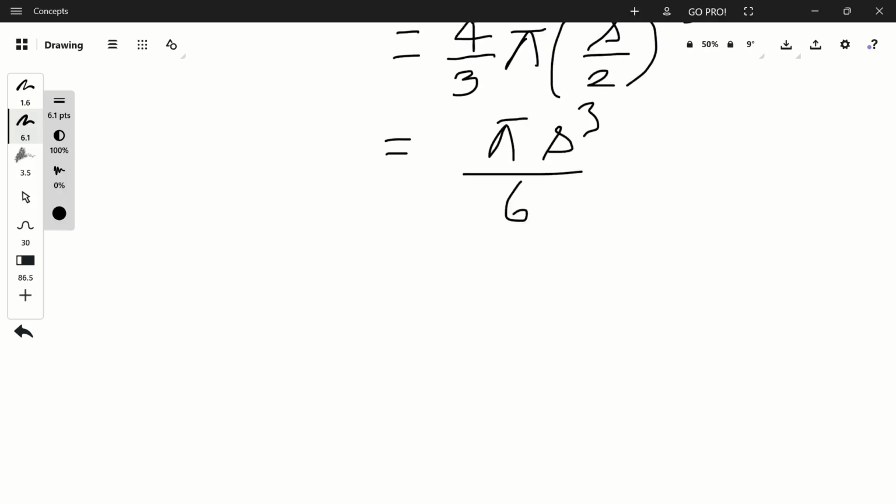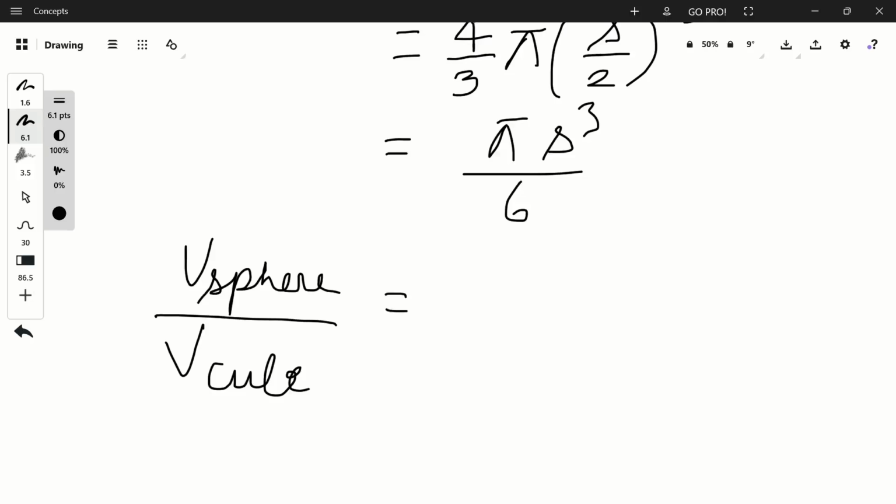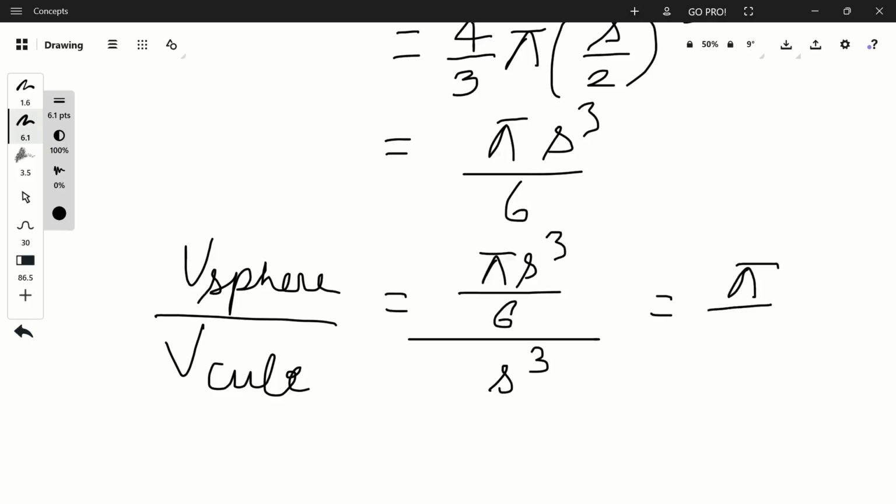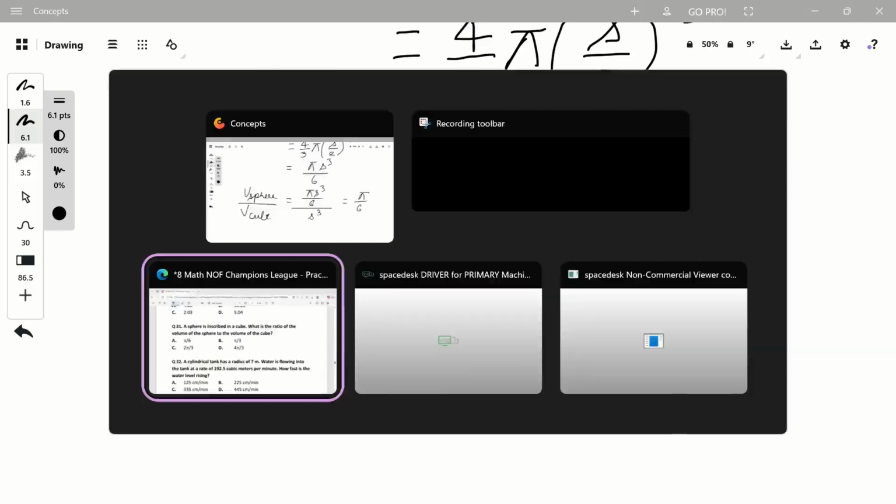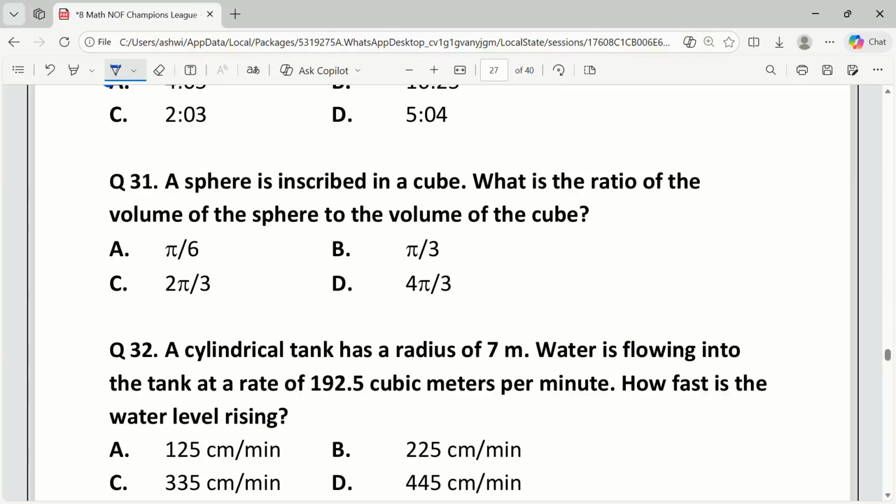Calculating the ratio of the volume of the sphere to the volume of the cube, we have pi S cube upon 6 upon S cube, which is equal to pi by 6. Comparing with the options, the answer is A, pi by 6.